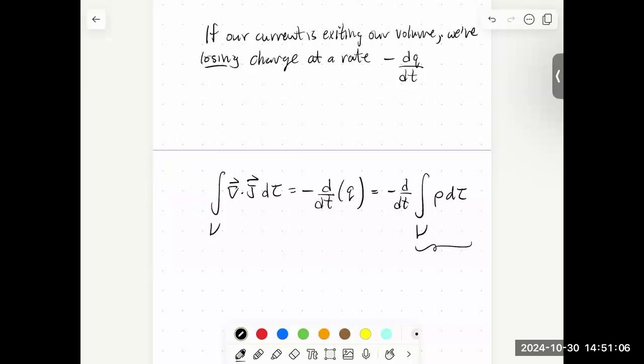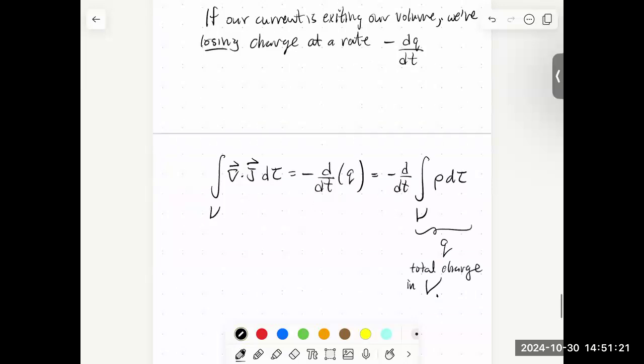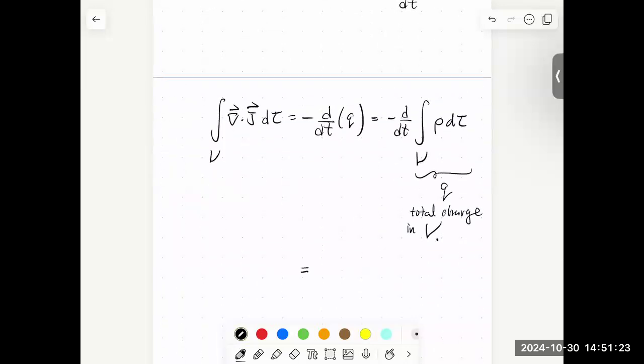So this is just another way of writing the total charge in our volume V. All right. Well, let me take this a little bit further. I'm going to take the minus d by dt inside, and so we would have minus d rho dt, and then d tau.